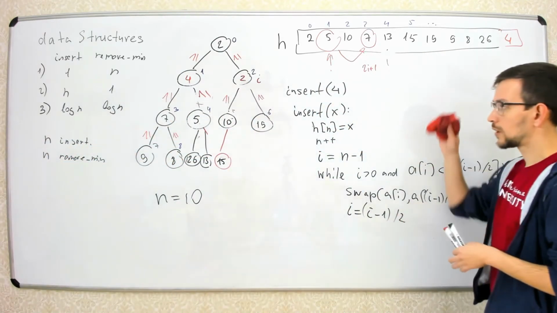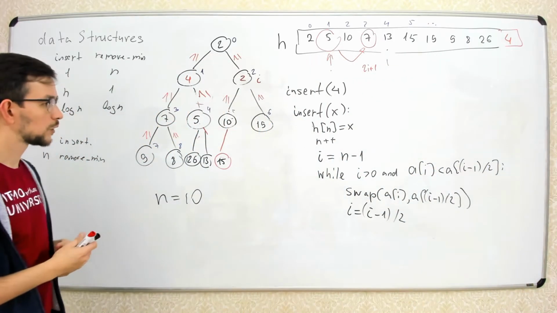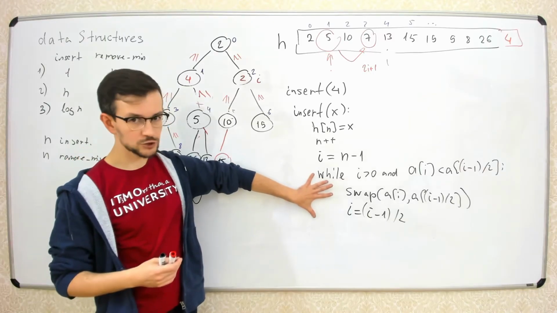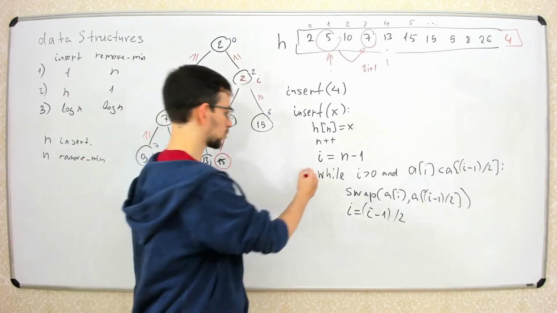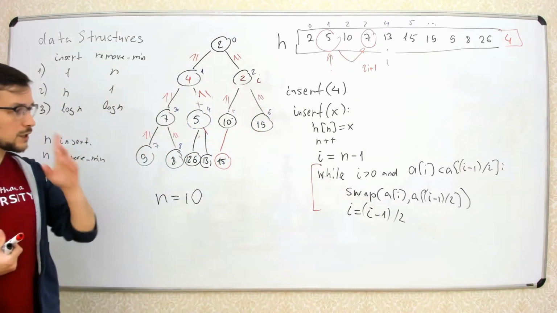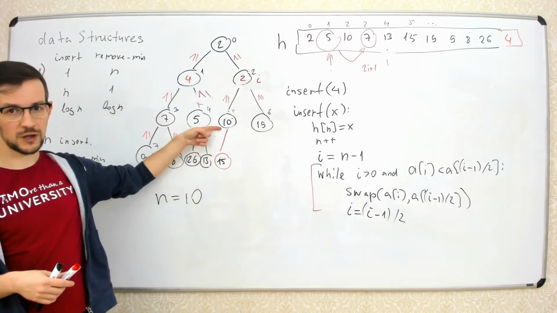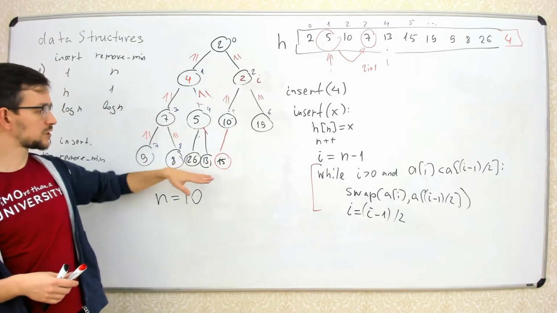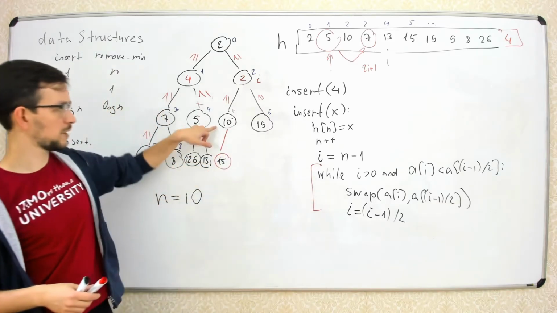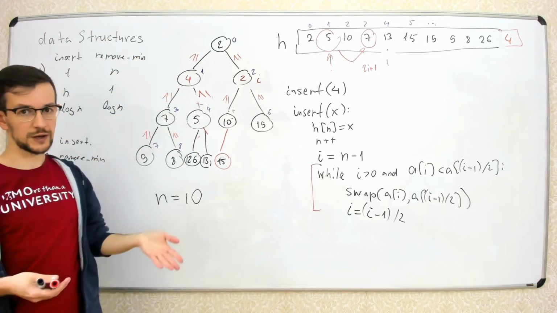Now, let's calculate the time complexity of this algorithm. So what is the time complexity? Time complexity will be equal to the number of iterations of this while loop. Here on every iteration, we move to the next layer of the tree. We start on the bottom layer of the tree, and then each time we move to the next layer. The number of layers of this tree will be equal to logarithm of n.